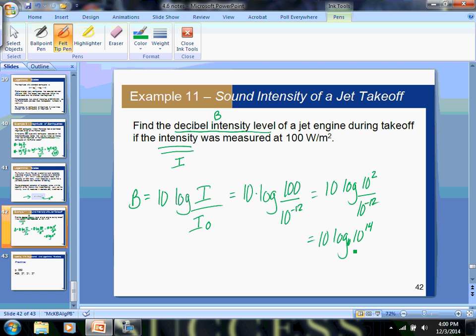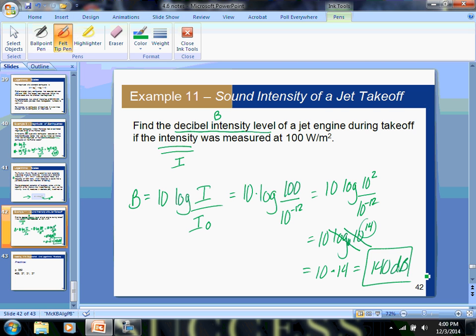So I have the base on my logarithm and the base on my power that are the same. So that log and that 10 are going to cancel, and then this 14 is going to drop down. So now I have 10 times 14, which is 140 decibels. So that's how loud a jet engine is during takeoff. Well, that's the decibel level of it.